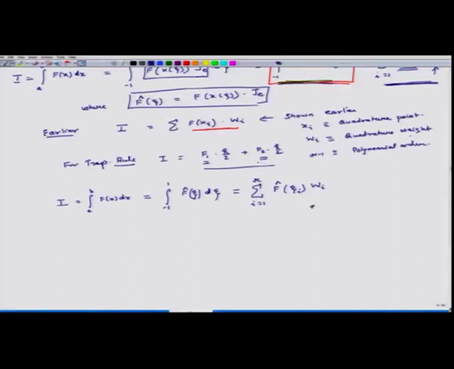Here zeta i is the ith quadrature point, f hat of zeta i is the value of f hat at zeta i, and Wi is the quadrature weight.